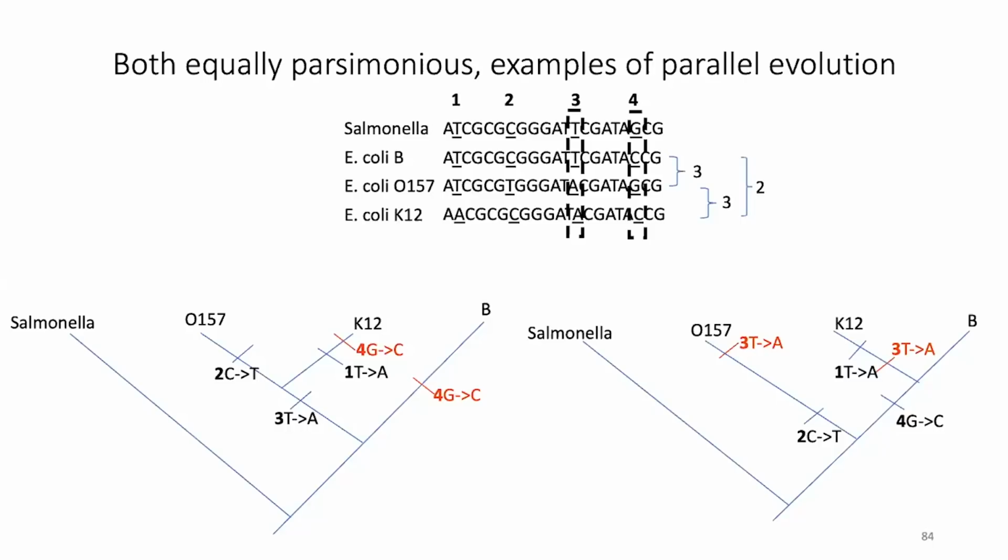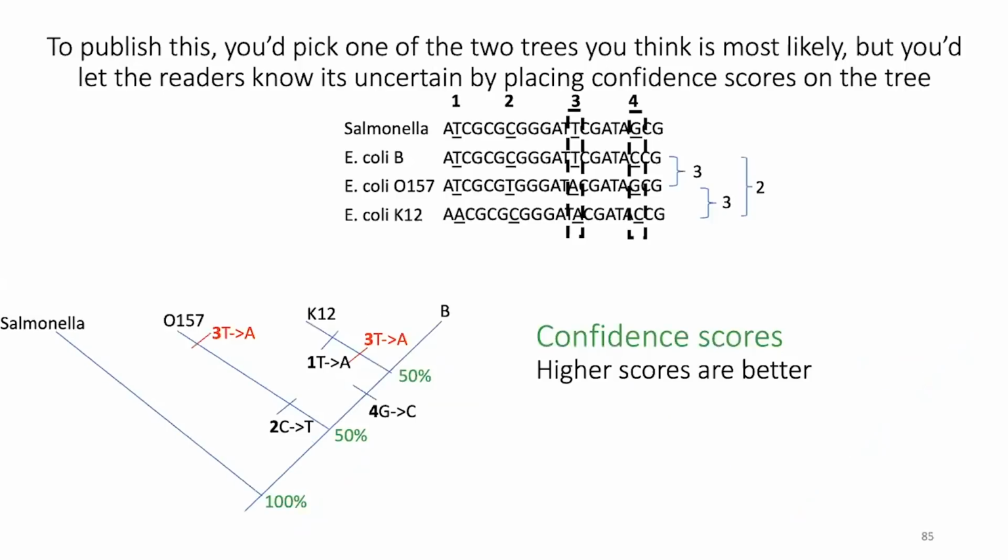And so when this happens, and this does happen a lot in phylogenies, and you're unable to collect more information, what you do is, when you go to publish your evolutionary relationships, you indicate to the readers of your journal and the readers of the phylogeny that there's some uncertainty in the phylogeny.